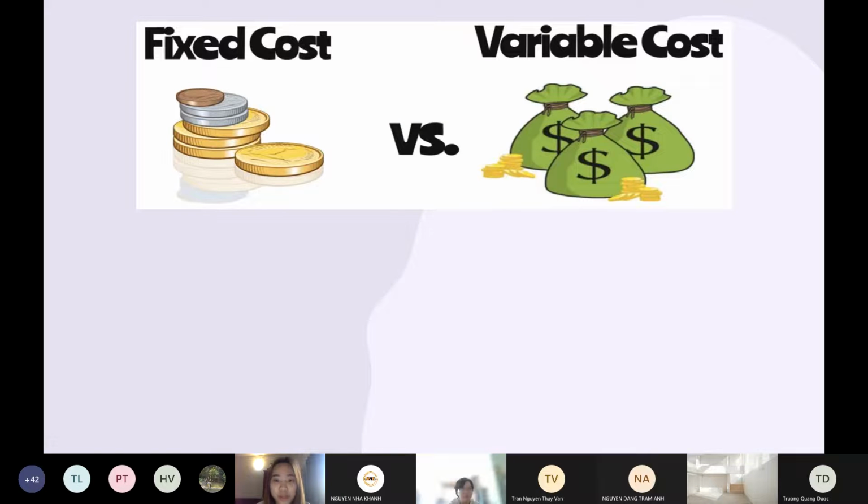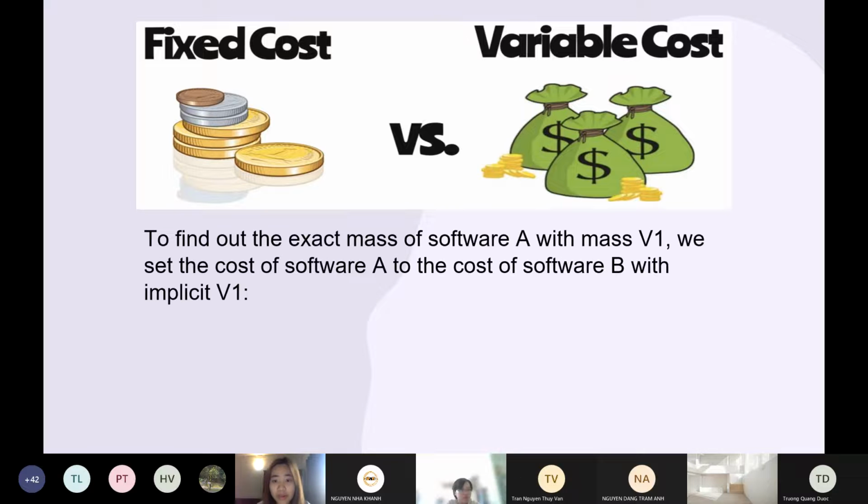Okay, we know the total cost equals fixed cost plus variable cost. So we first find the crossover points of software A and B, then B and C. To find the crossover of software A and B, we set the cost of software A equal to the cost of software B, which implies V1.